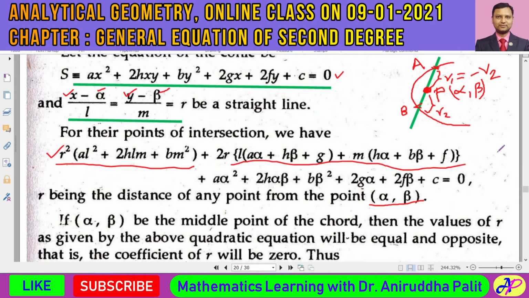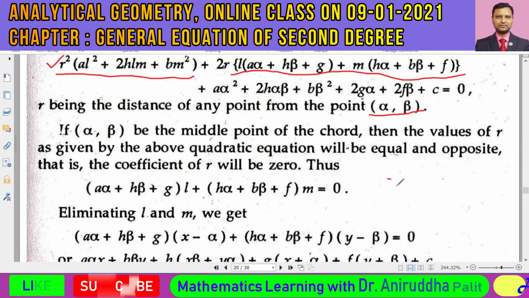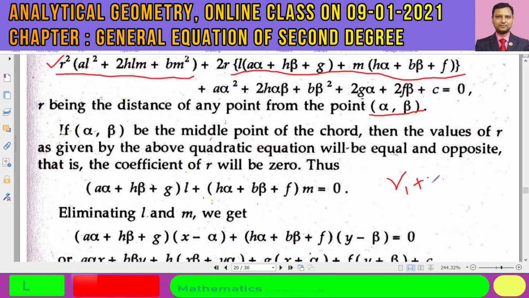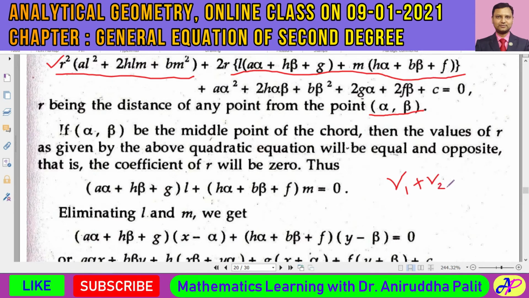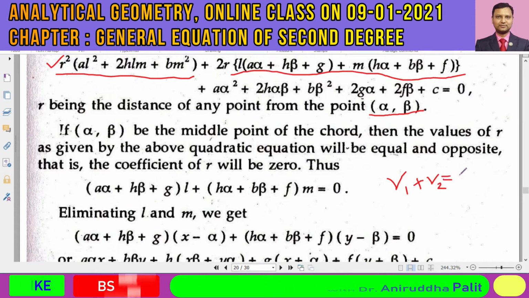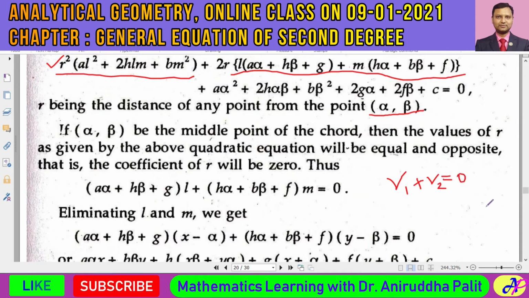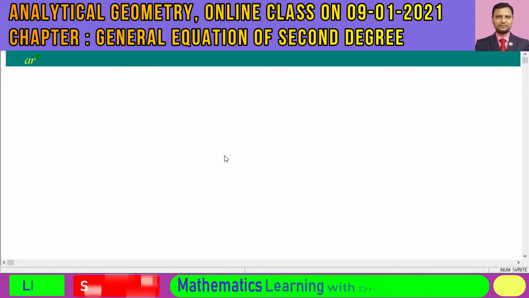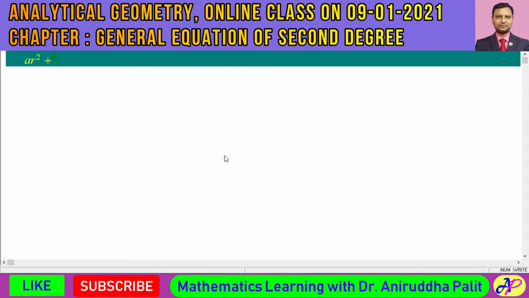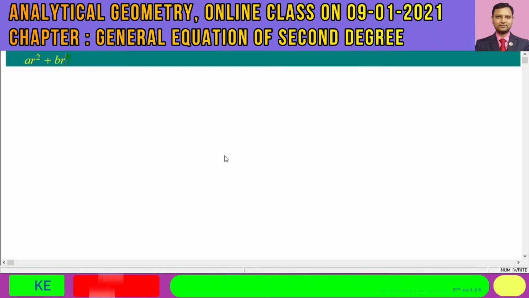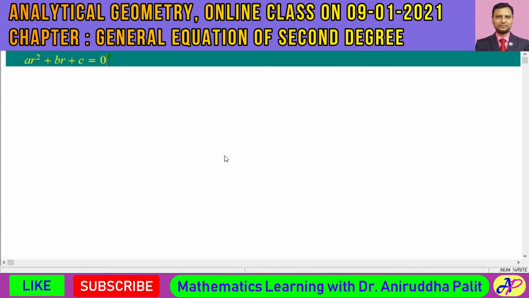And if R1 is equal to minus R2, then R1 plus R2 must be equal to 0. And what is this? A r square plus b r plus c equals 0. One root is R1 and another root is R2.